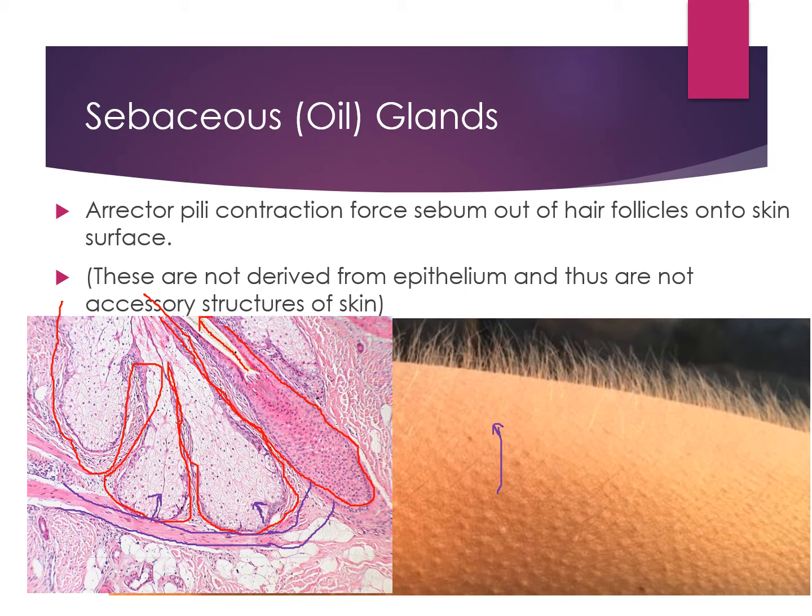Then the sebum follows the hair and follicle up to the surface of the skin where it helps to lubricate. Because the erector pili are muscles and not derivatives of the epidermis, they are not considered accessory structures of the skin like the sebaceous glands and the eccrine sweat glands are.